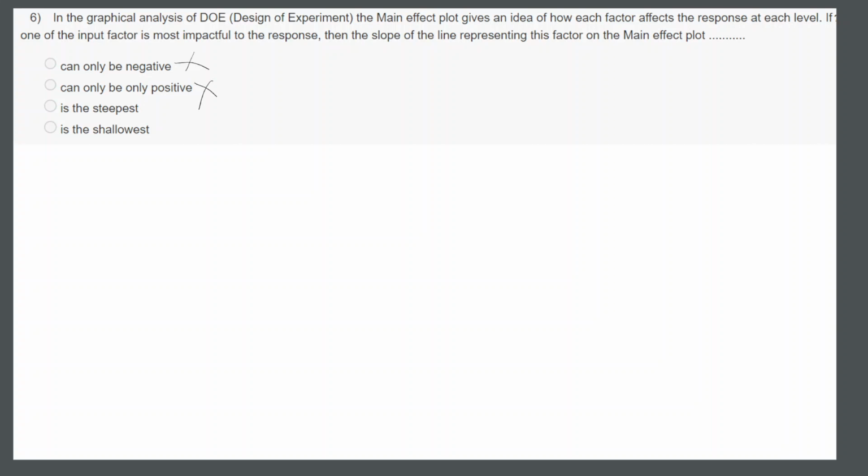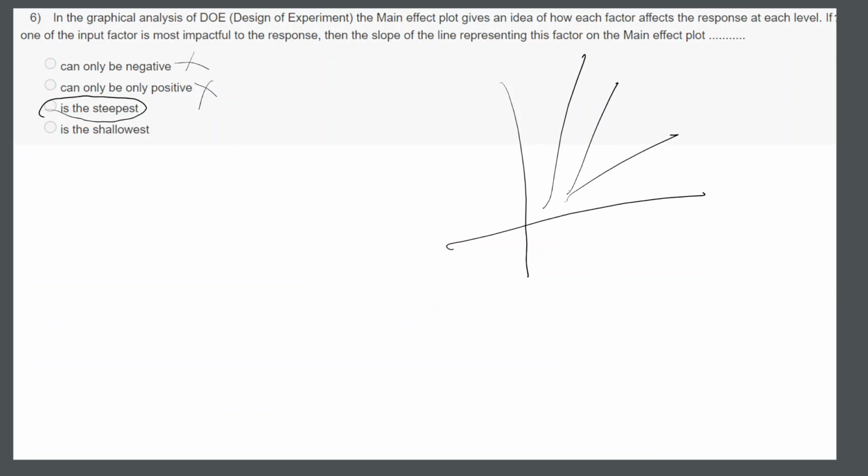It can be positive as well as negative. It is only how steep the line is that tells the magnitude of the impact. So it is all about the steepness of the line.